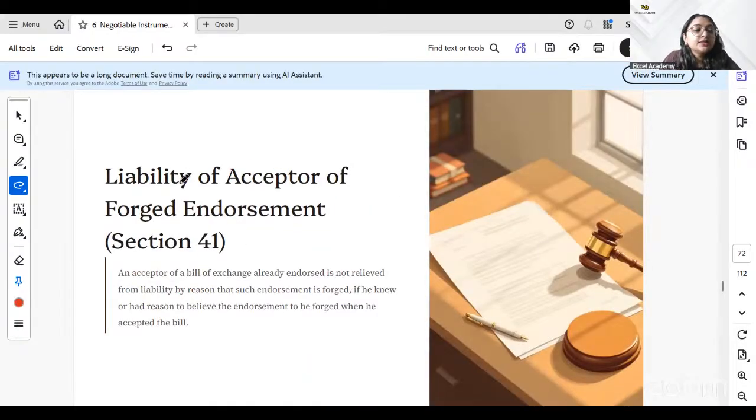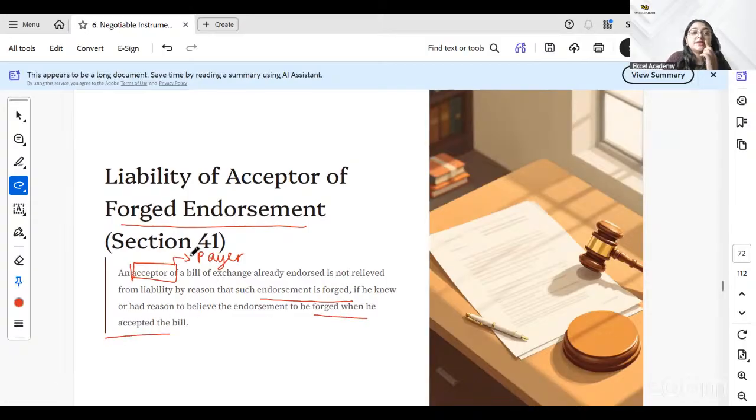And the last one is the liability of the acceptor on a forged endorsement. An acceptor of a bill of exchange already endorsed is not relieved from liability. Who is the acceptor? Acceptor is the payer. The acceptor is not relieved from liability by reason that such endorsement is forged if he knew or had reason to believe that the endorsement is forged when he accepted the bill.